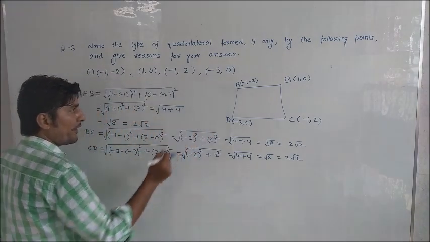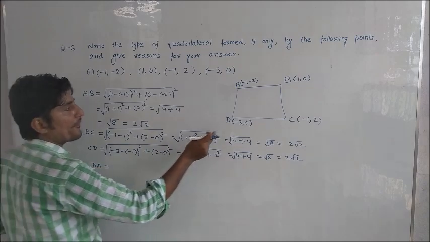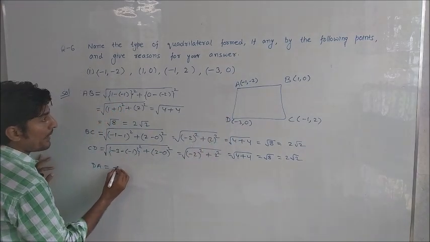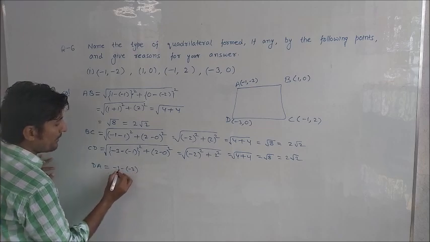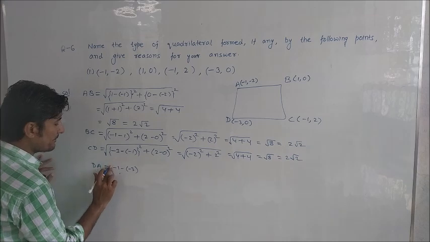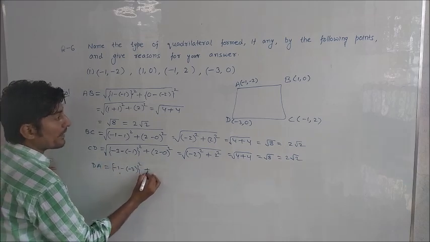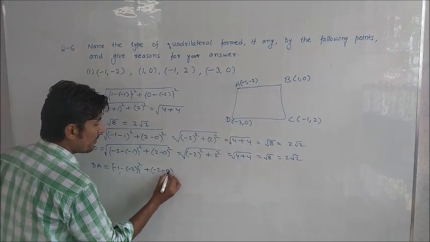And at last we have to find the measurement of DA. Again we can use the same formula, (x2 minus x1) square, (-1 minus -3) whole square, plus (-2 minus 0) whole square.